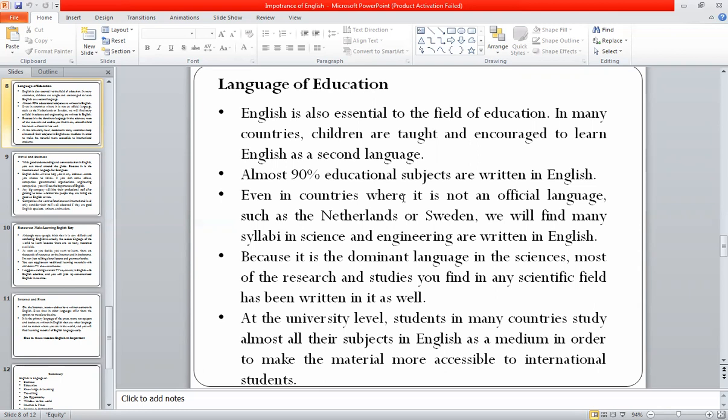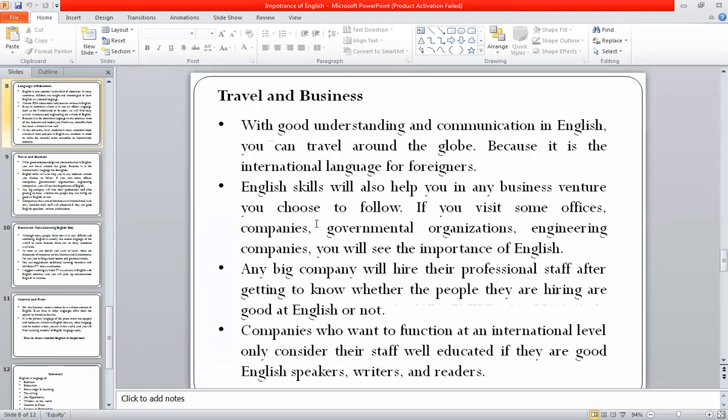This is your undergraduation course, and after completion of this you will be able to apply for the post graduation course. So the thing is that university level students in many countries, including our India also, study almost all their subjects in English language as a medium of communication or medium of education. Okay, so this language is the language of education.